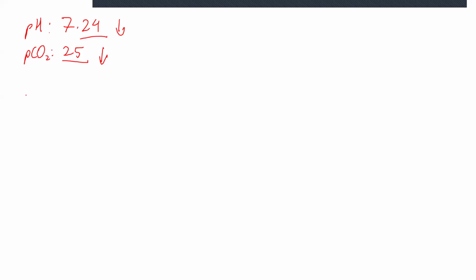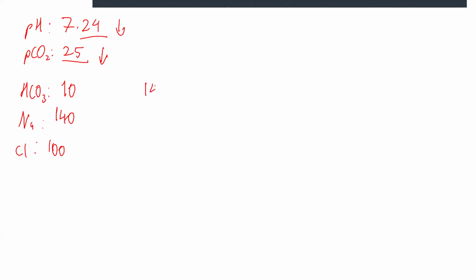Okay? Now, bicarb in this example is 10. Okay? And to find the anion gap, we need sodium and chloride. And for this example, they are 140 and 100. Okay, so we have a metabolic acidosis. Like we said, we need to find the anion gap.